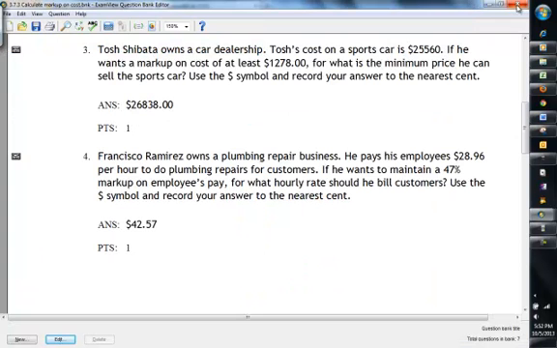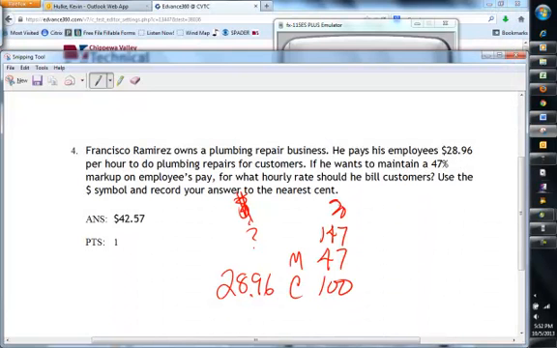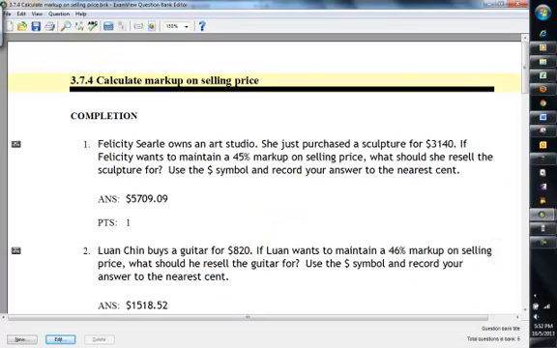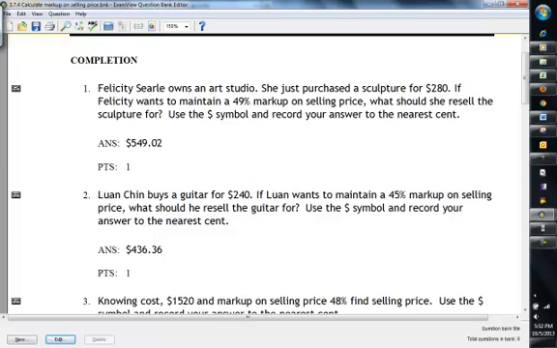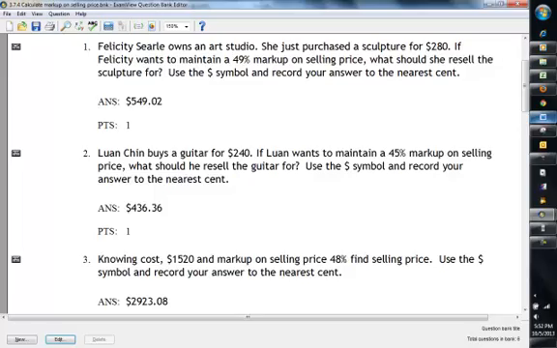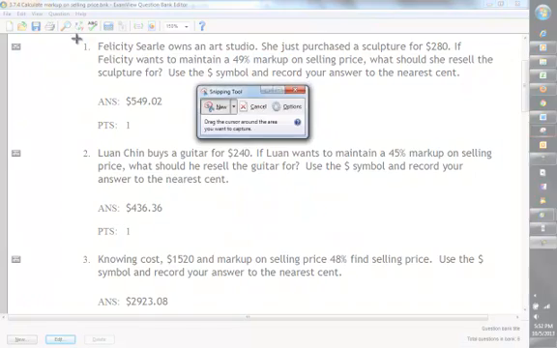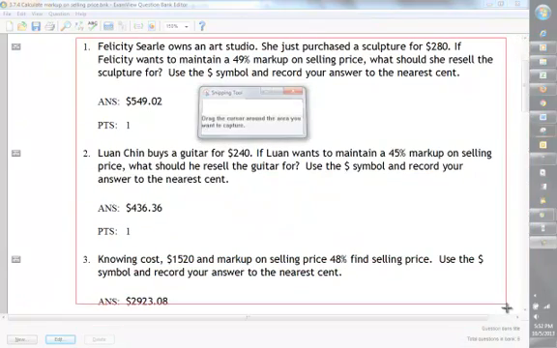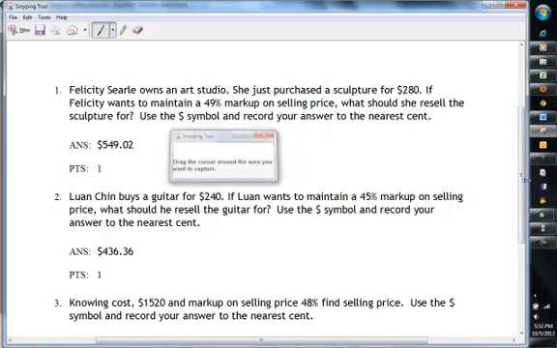Next, Section 4, Felicity Cyril owns an art studio. Let's get these down here. She just purchased a sculpture for $280. If she wants to maintain a markup on selling price, so now selling price is the 100%.